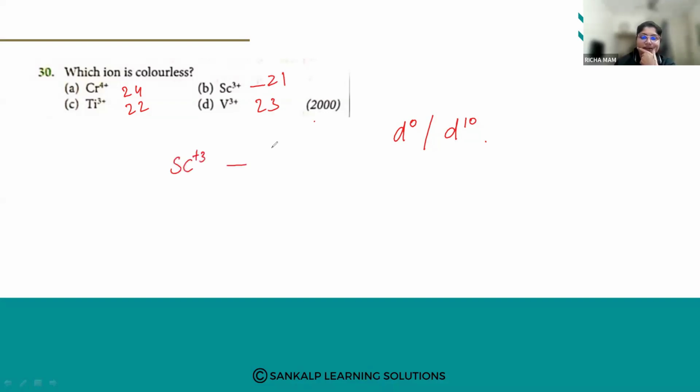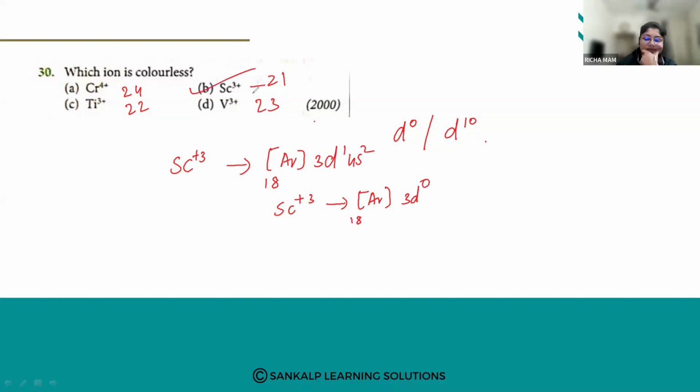So argon 18, then comes 19, 20, 21. So it will be 3d1, 4s2. So scandium in +3 state will be argon 18 and 3d0. So yes, option number B, correct. There are no unpaired d electrons, therefore it is colorless in its solution. So option number B is the correct answer. Very good.